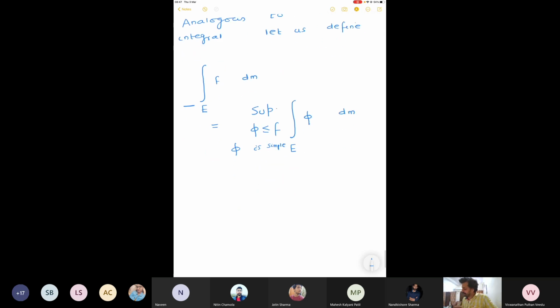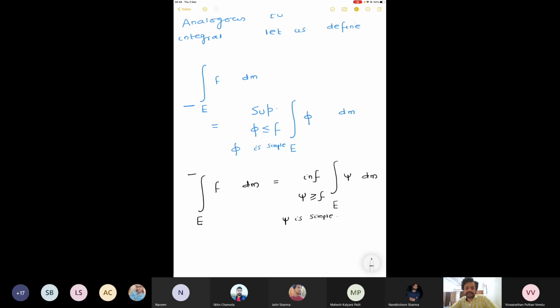Okay. Similarly, for the upper Lebesgue integral of f dm, what you do is, instead of integrating f, you integrate a step function psi dm, where psi is greater than or equal to f. That is why we are calling it upper. So we are overestimating the given integral, and to make this overestimate better and better, take the infimum over all simple functions psi.